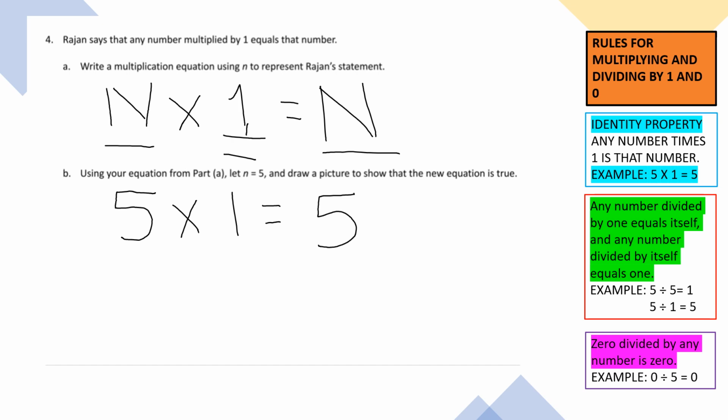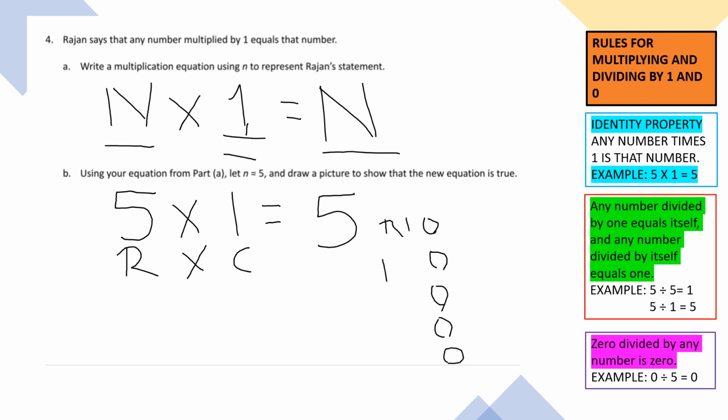All right, and it says to draw a picture to show that the new equation is true. So we can use rows times columns. So we have 5 rows, 1 column. 1, 2, 3, 4, 5.